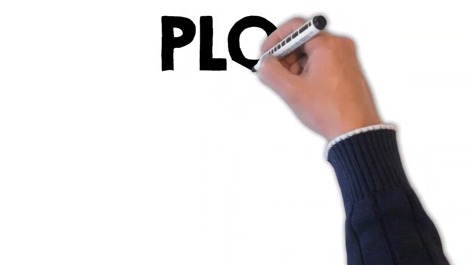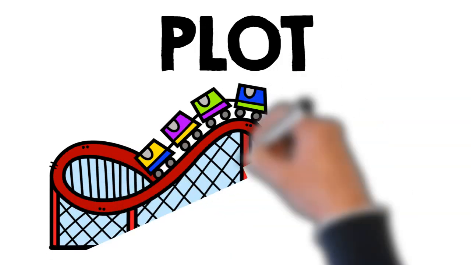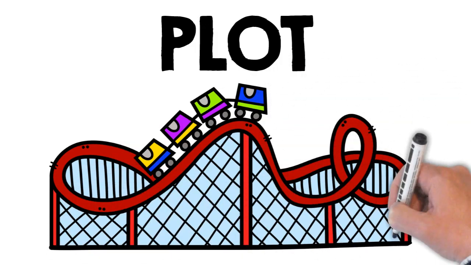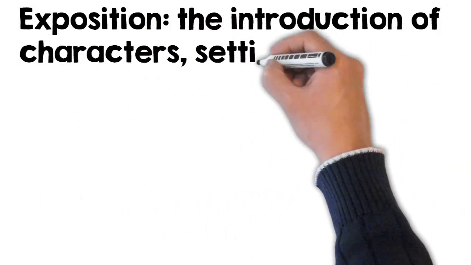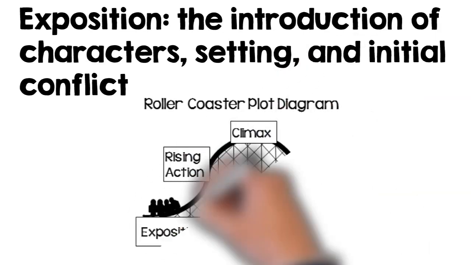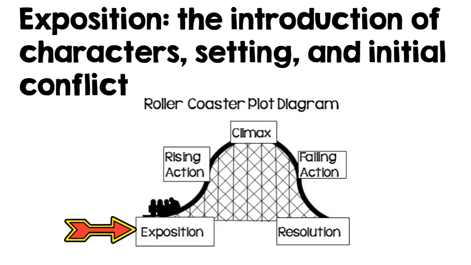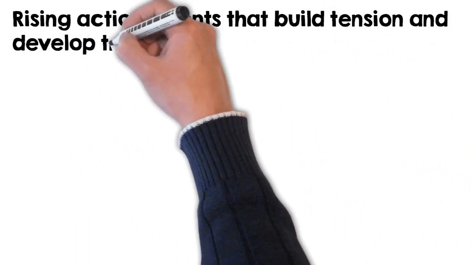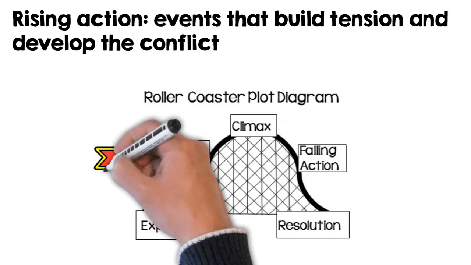Plots are often compared between two fictional texts. Here is a brief description of the parts of the plot. This is also known as the roller coaster plot diagram. Exposition, the introduction of characters, setting, and initial conflict. Rising action, events that build tension and develop the conflict.